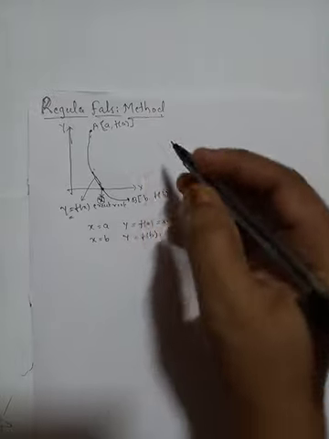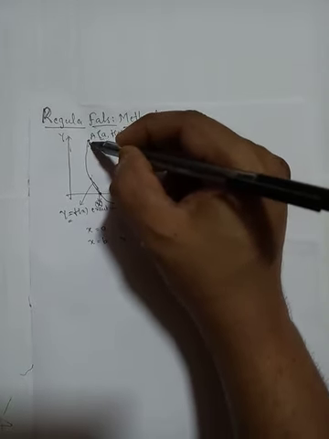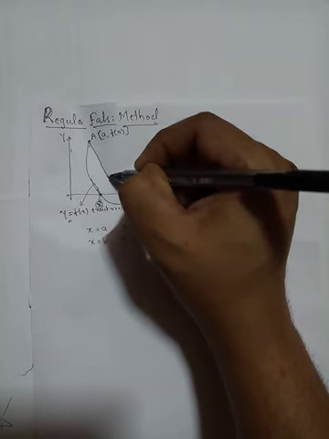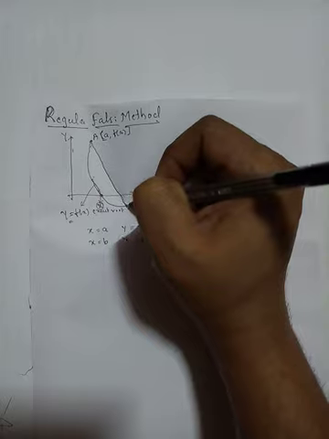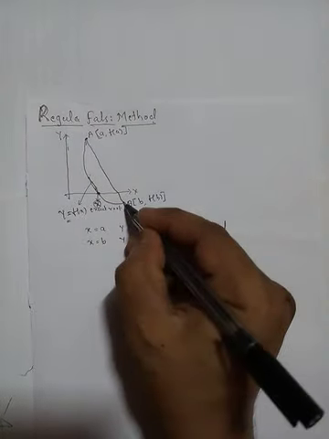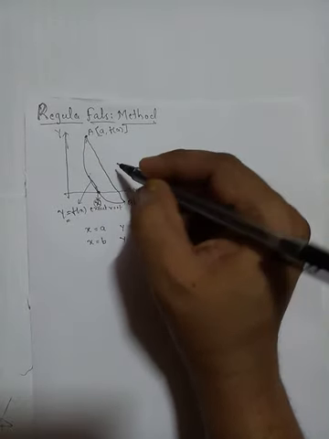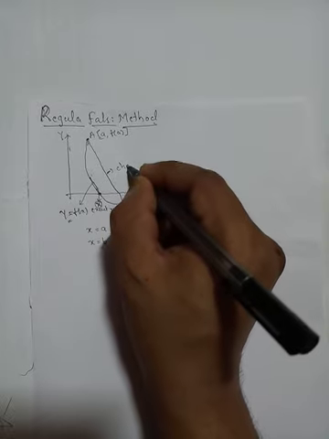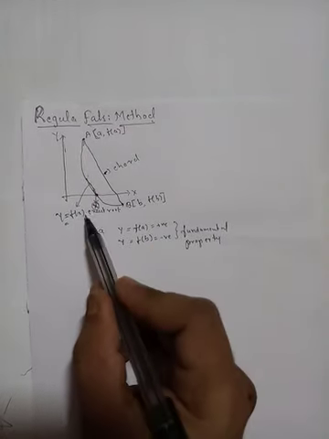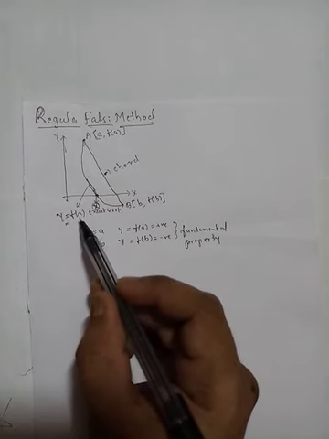Now we are finding the formula of this regula falsi method with the help of the chord. The line that I joined between the points a and b is called the chord of this curve y equal to f of x.